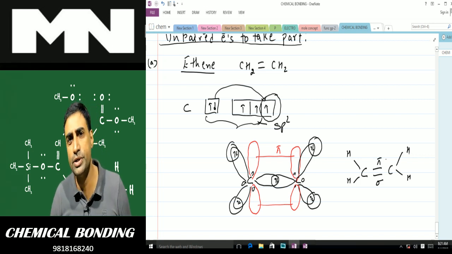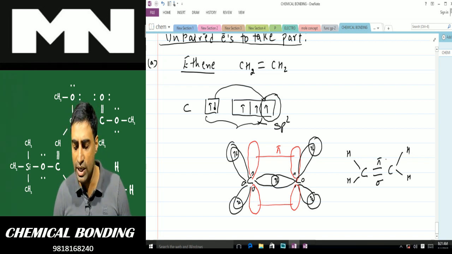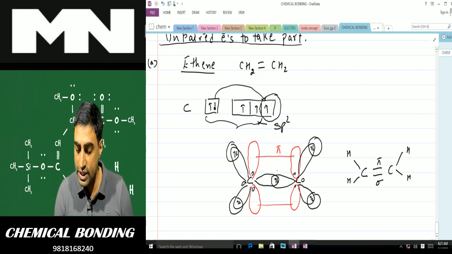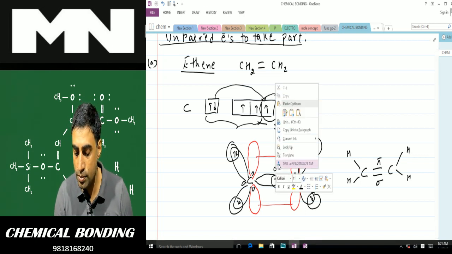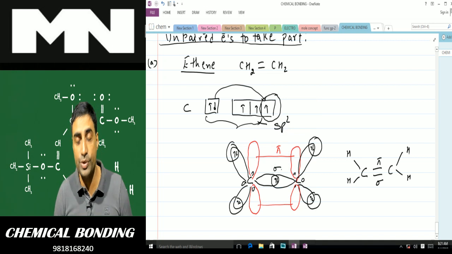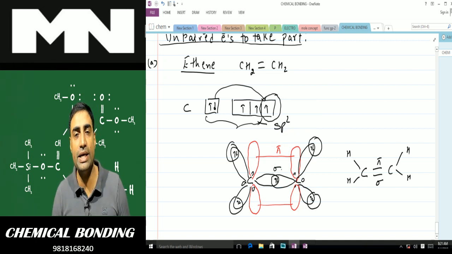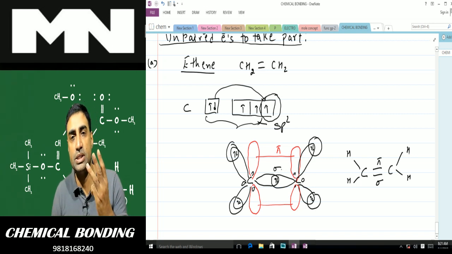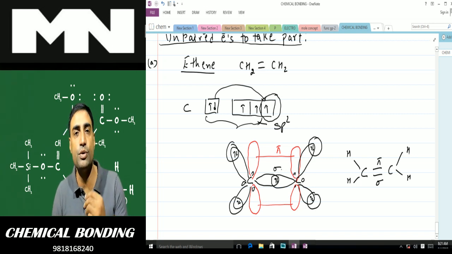Sigma and pi, I already taught you that sigma is formed by head-on overlapping. So you can see here, this is the sigma bond between 2 carbon atoms. And a pi bond is always formed by sideways overlapping. So when 2 carbon atoms are forming an alkene, they are in sp2 hybridization. That means their 3 orbitals are undergoing hybridization, which will lead to the formation of 3 resulting hybrid orbitals.